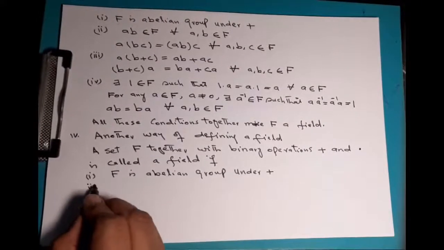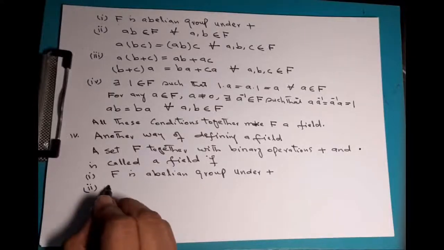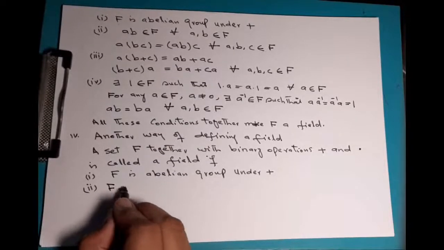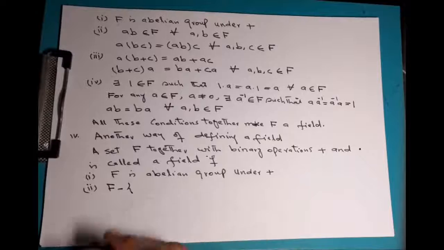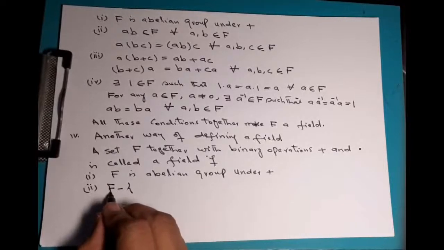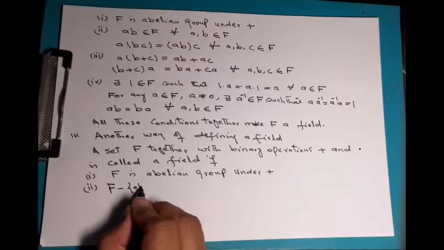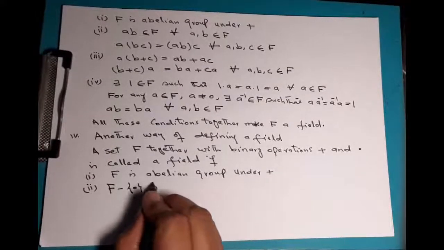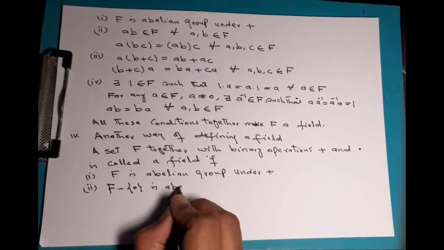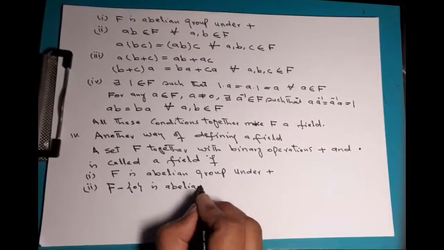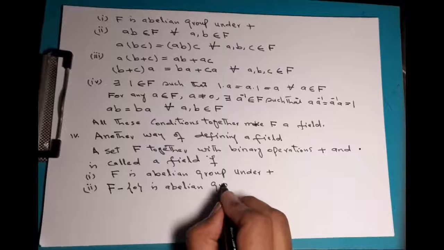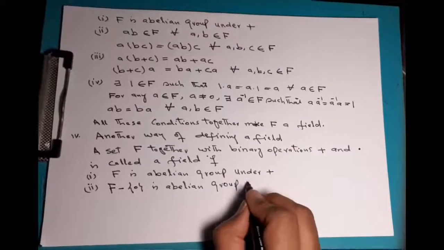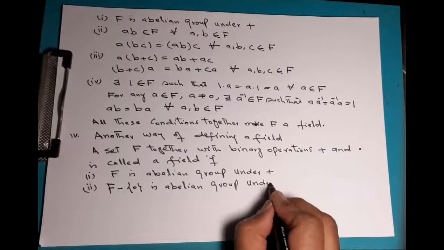Secondly, if we remove identity with respect to addition from the set F, that is F minus 0, non-zero elements of F, then F minus 0 is an abelian group under multiplication.